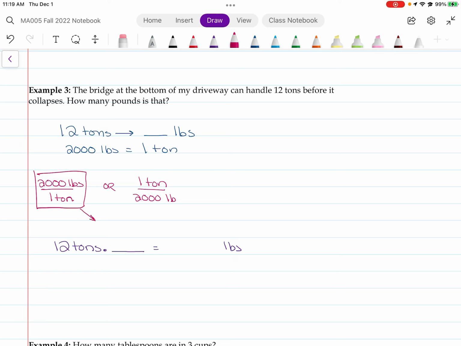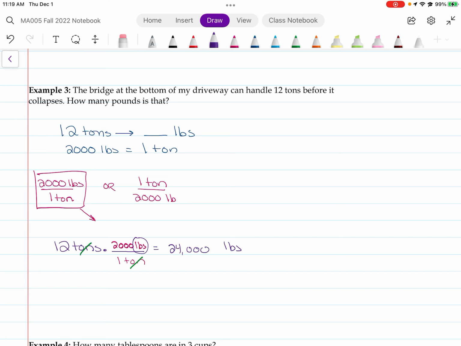I've got 2,000 pounds per 1 ton. Make sure it cancels. It really does. Yes, one on top, one on the bottom. And circle the pounds. Yes, we're finding pounds, and that is what we're looking for. So 24,000 pounds when you multiply those together.